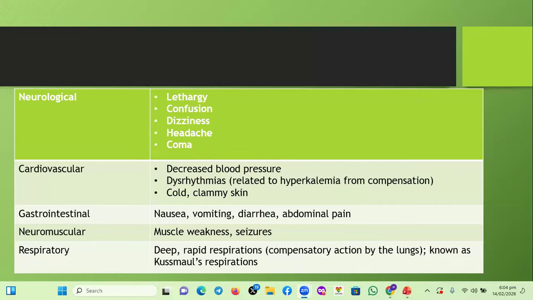Because the system is already acidic, the lungs will try to compensate by bringing out excess carbon dioxide. So Kussmaul respiration is a compensatory mechanism that the lungs employ in order to reduce the excess acid in the system.